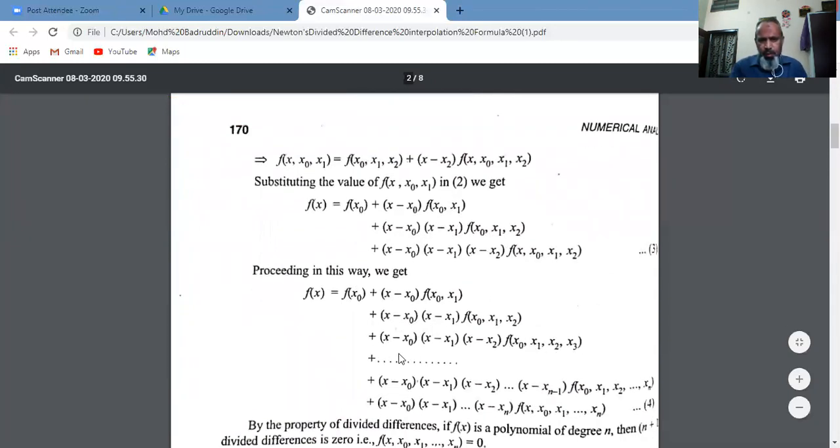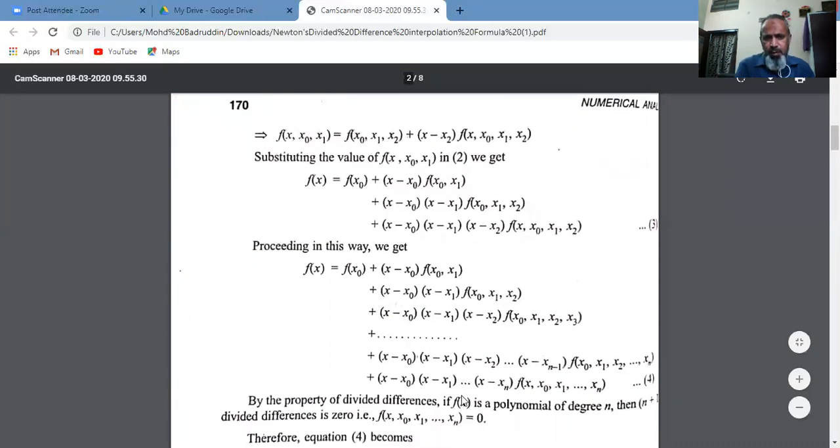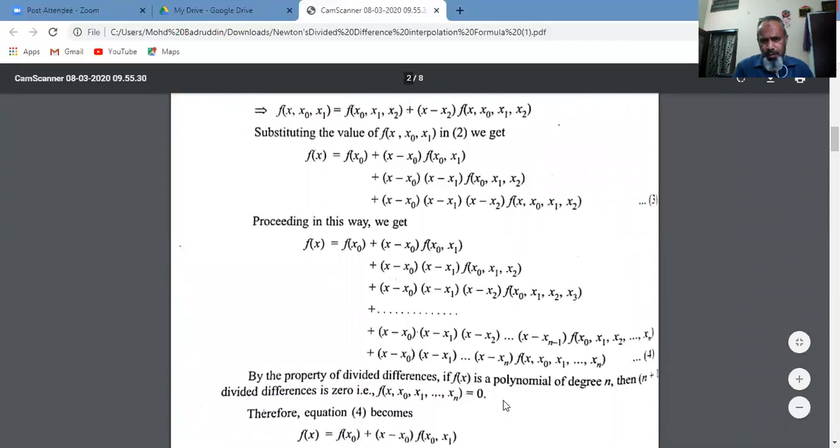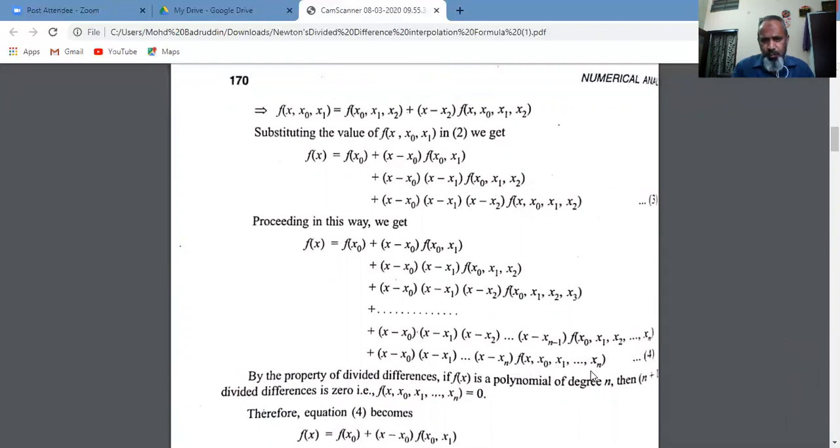Next term will be x minus x naught, x minus x1, x minus x2, x minus x3 into f of x naught x1 x2 x3 x4. Similarly, in the last term we get x minus x naught, x minus x1, up to x minus xn into f of x x naught x1 x2 up to xn. So this is equation number 4.